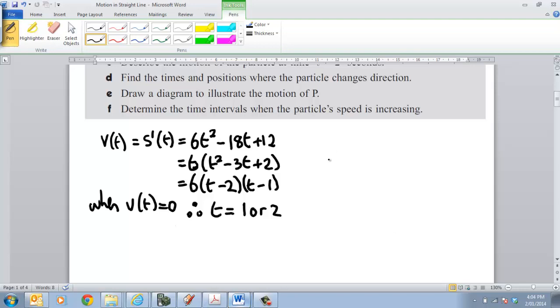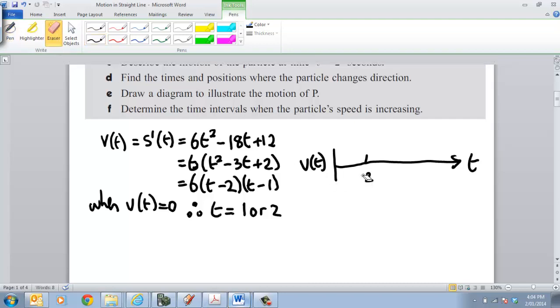Now if we do our sign diagram for the velocity, v of t, we need to consider the points 1 and 2. The key thing here is that we know t has to be greater than 0, doesn't it?